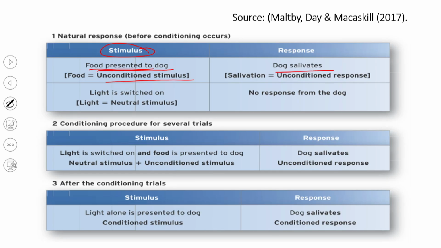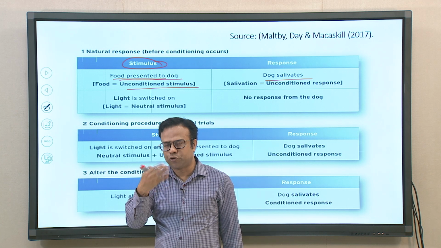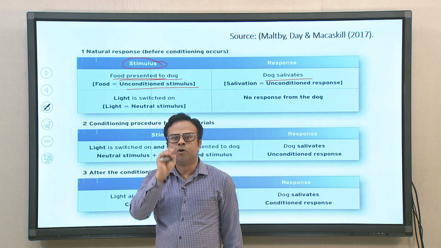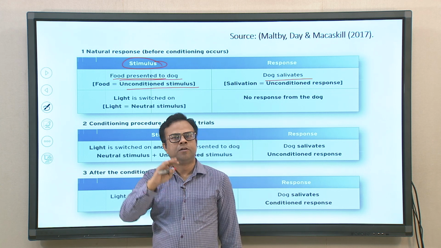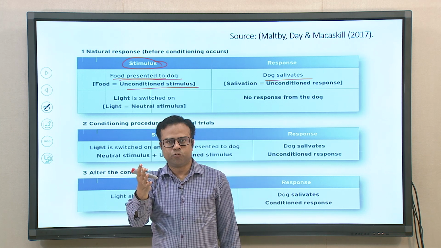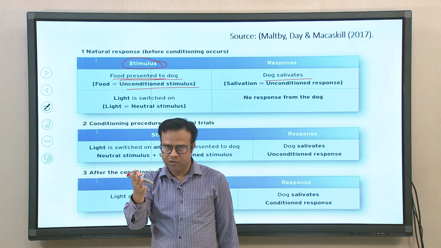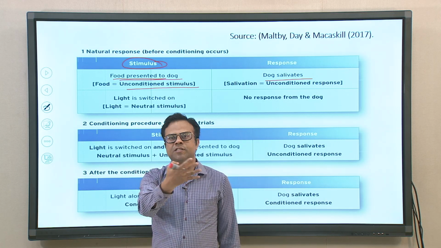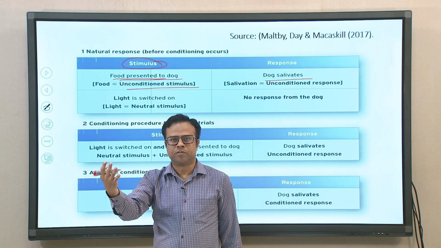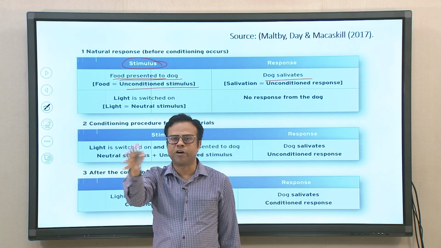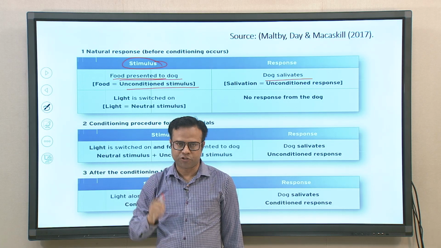The dog salivates. So, उसका मुंह में पानी आता है, means the dog will start salivating. ठीक है? Food is presented, saliva will be produced in the mouth of the dog. ठीक है? So, this is a natural response. There is no conditioning here, automatic response.